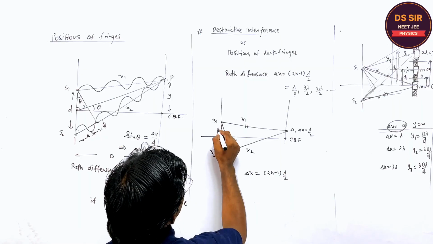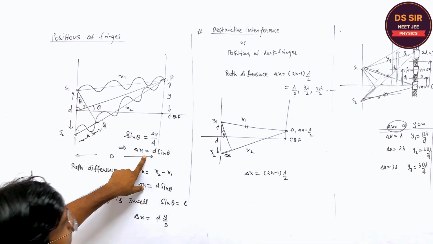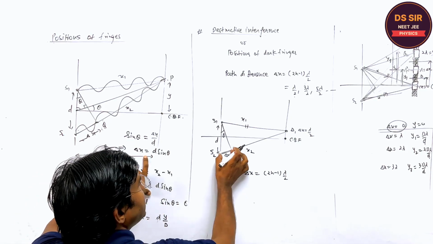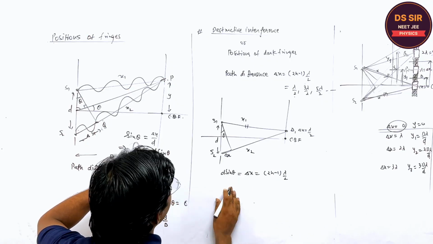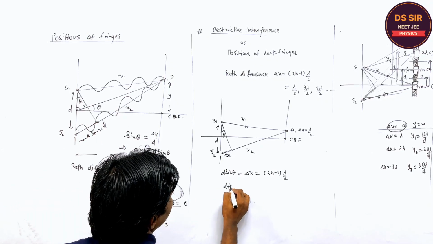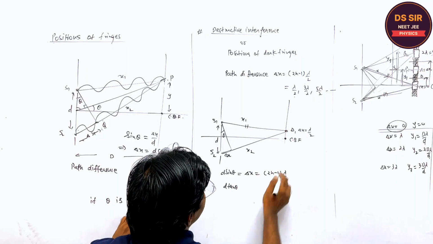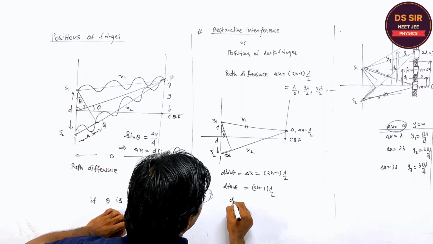Suppose this is theta, this is d and this is theta. So delta x must be equal to what? Delta x must be equal to d sine theta. And sine theta is nothing but equal to tan theta. And suppose this is the distance y. Y is equal to what?